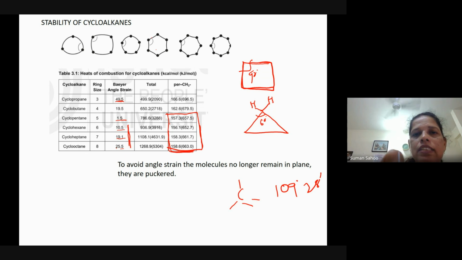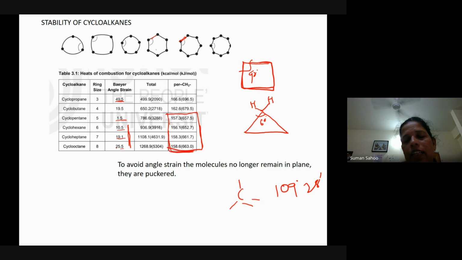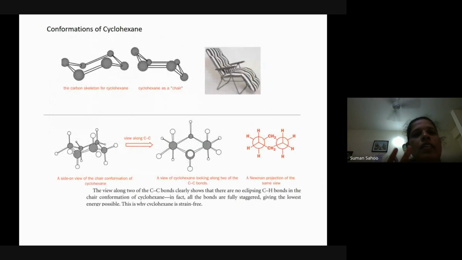As you can see, this angle is almost straight, but these bonds are not straight. They are convex or concave type. You can see these are convex, and the higher cycloalkanes get concave.